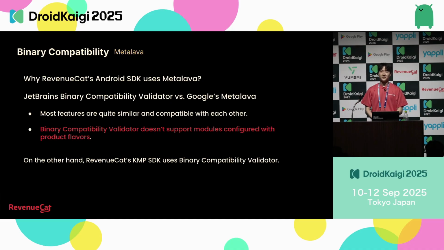So you can consider using Metalava if your library or SDK has product flavors. On the other hand, RevenueCat's KMP SDK uses the binary compatibility validator since it doesn't contain any product flavors.